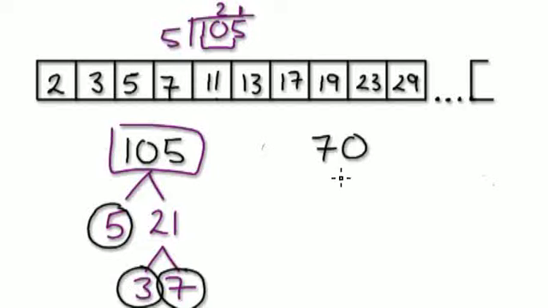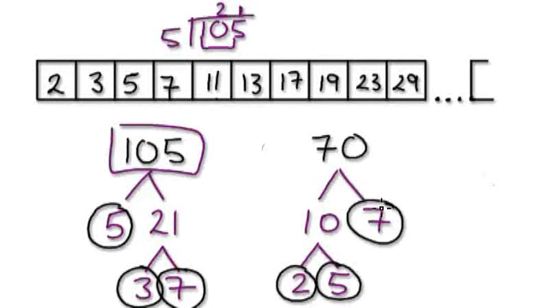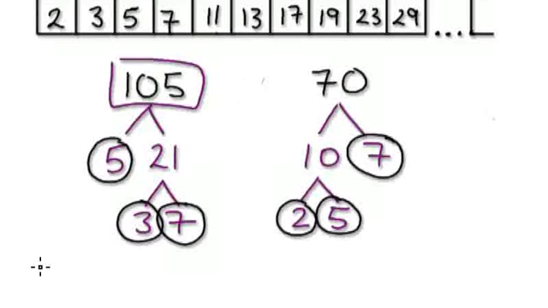Okay, 70. Break up the 70 as a 10 times a 7. And then the 10, break it up as a 2 and a 5. So these are your primes here. Okay, so let's visualize 105.